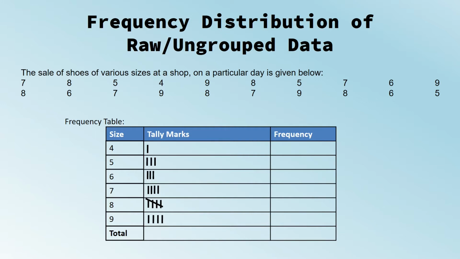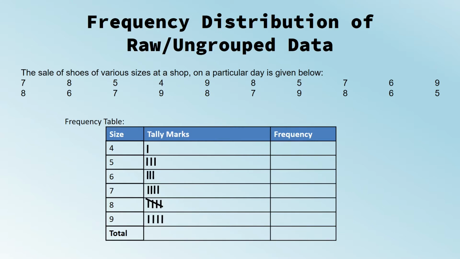In the same way, the tally marks for size 5 are 3. That indicates that there were 3 pairs of shoes sold on the particular day of size 5. And similarly we do for all the available sizes or the given numbers.